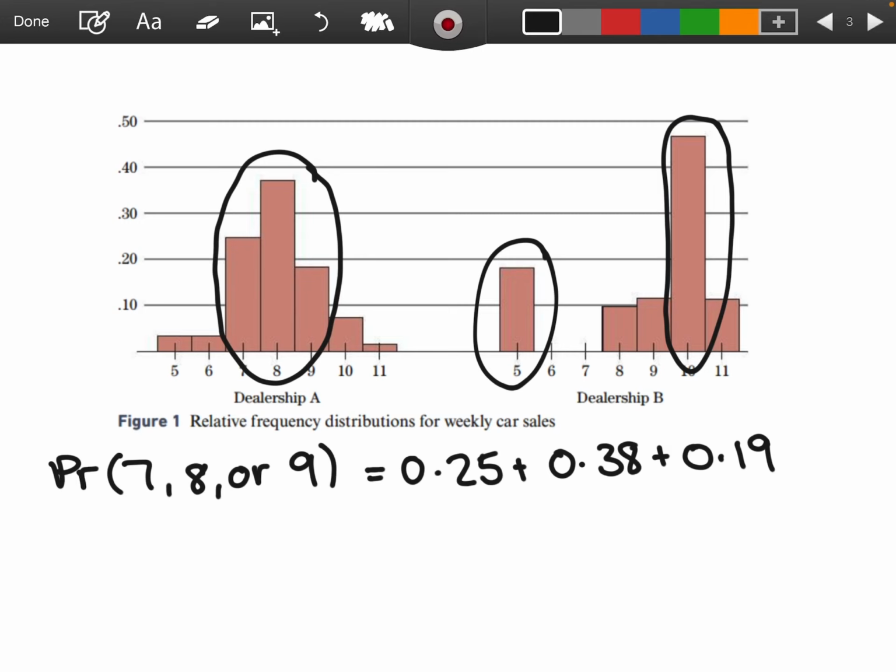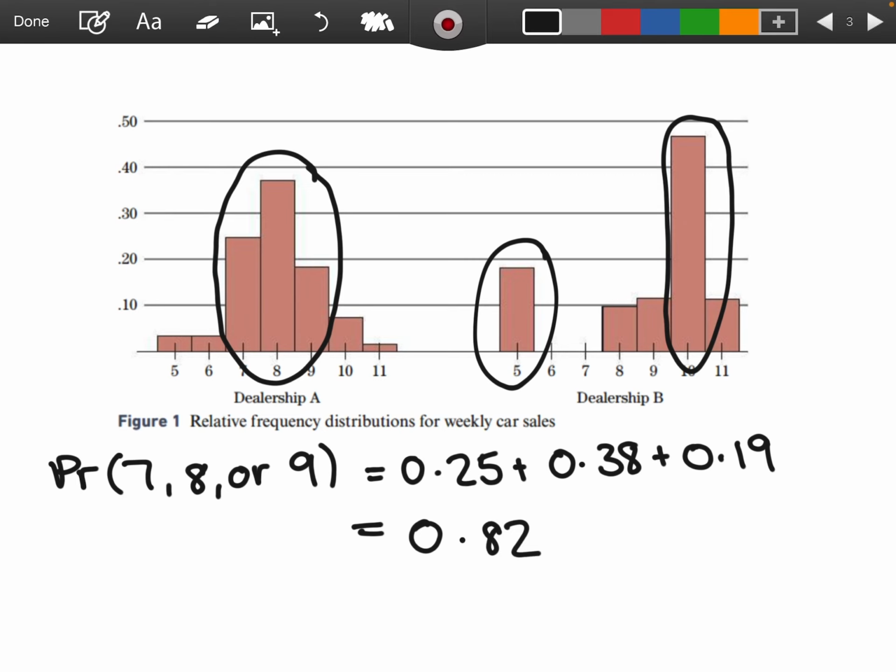If you add all of those together, you get 0.82. So 82% of the time, dealership A has 7, 8, or 9 weekly sales.